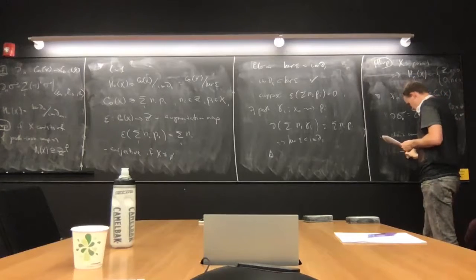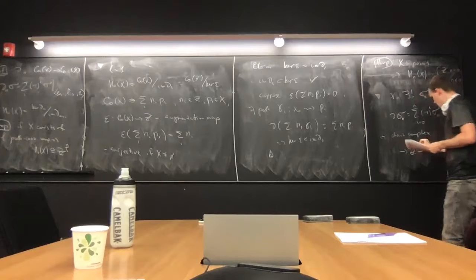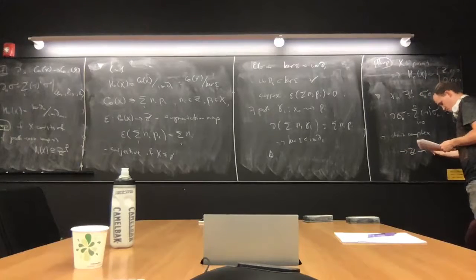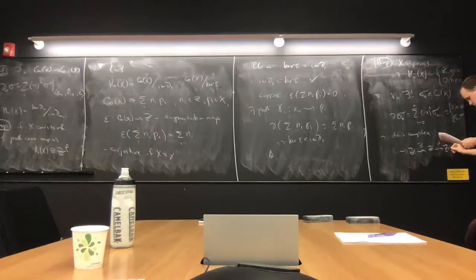So Z, then this is an isomorphism, Z, this is 0, and then so on. Okay. Like that.